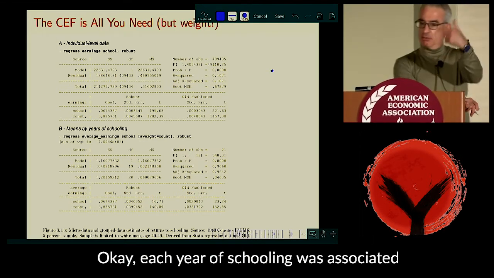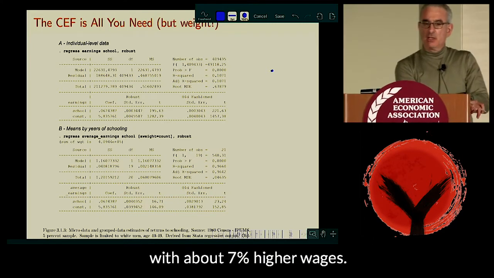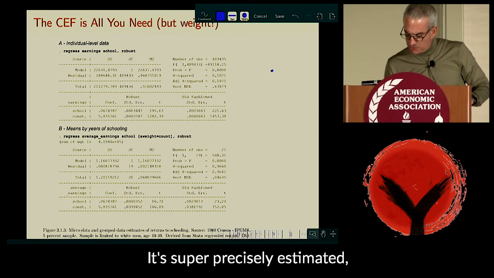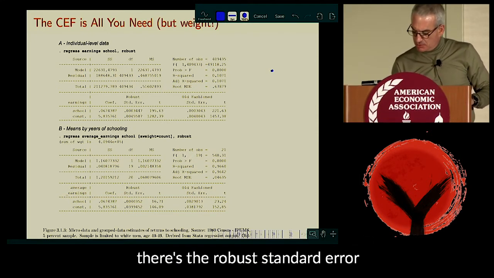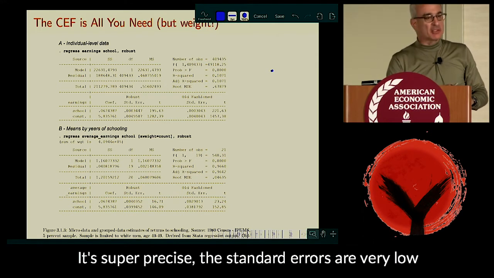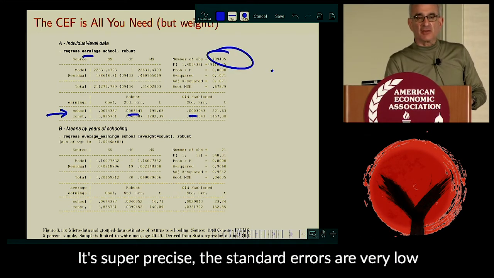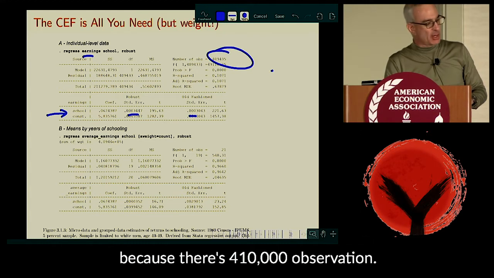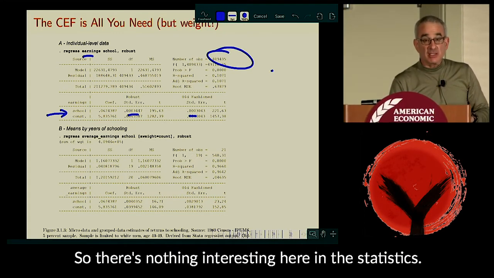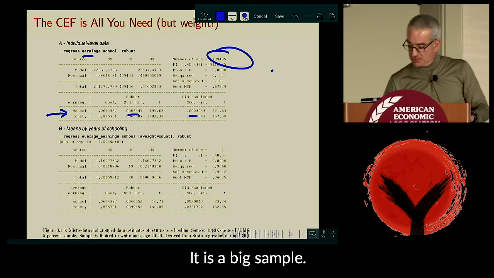Each year of schooling was associated with about 7% higher wages. It's super precisely estimated. There's the robust standard error and there's the old-fashioned standard error. The standard errors are very low because there are 410,000 observations. So there's nothing interesting here in the statistics. It is a big sample.